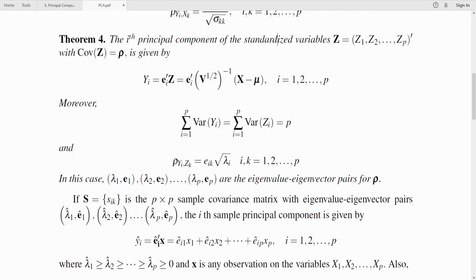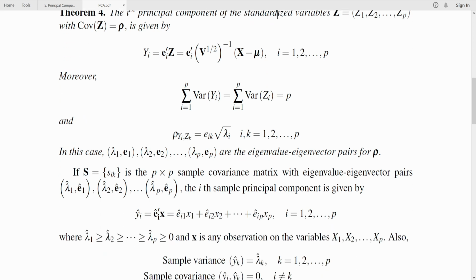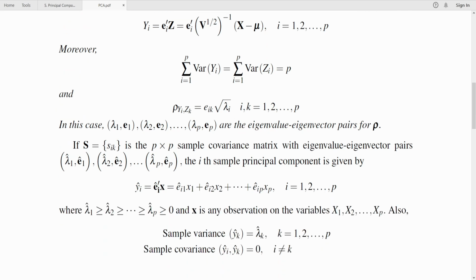Next, let's go to our sample principal components. Say that we have some data taken from a p-dimensional population. Then the linear combinations with maximum variance that are uncorrelated are the sample principal components.